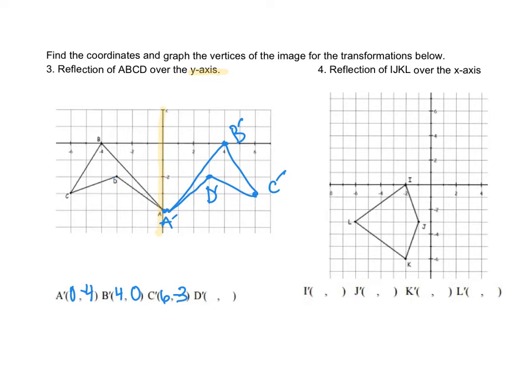And D prime is now at 3, negative 2. So remember, the rule for reflecting over the y-axis is our point x, y: we do the opposite of x and we keep y the same, which is exactly what happened here.